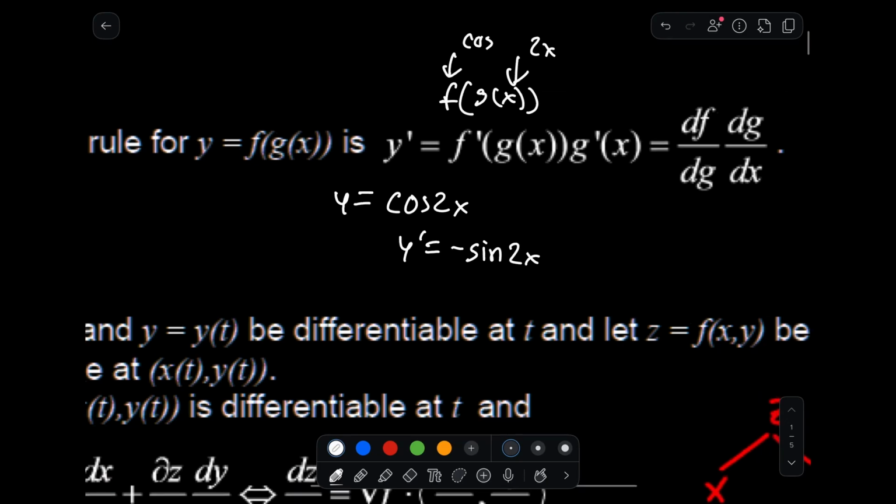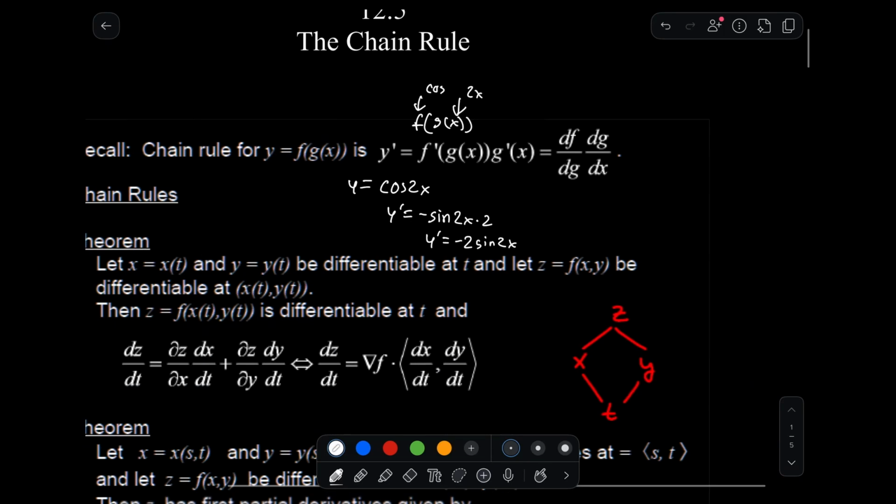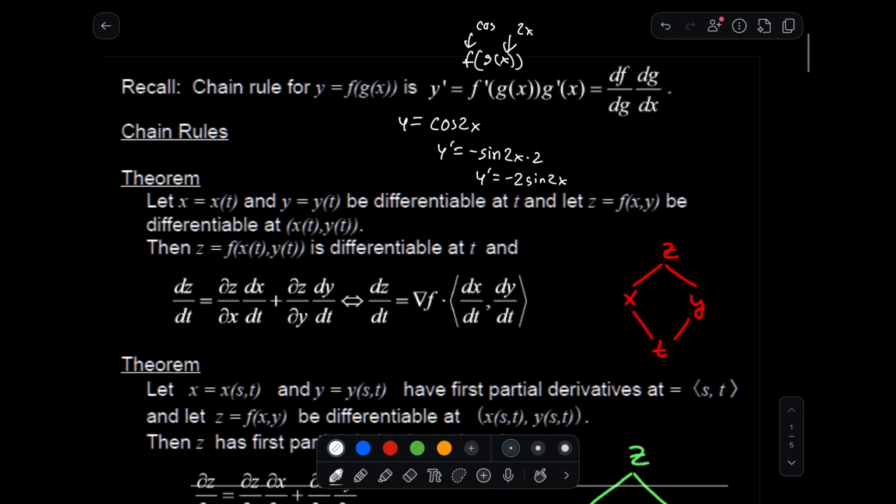We keep the inside the same, take the derivative on the inside, we get 2, and then we get y prime equals negative 2 sine 2x. That's relatively trivial for the level of math we're at now, but it's an important foundation that we are going to build off of for this video right here.